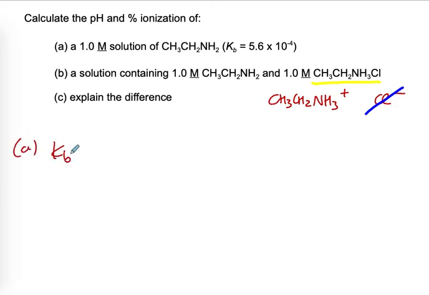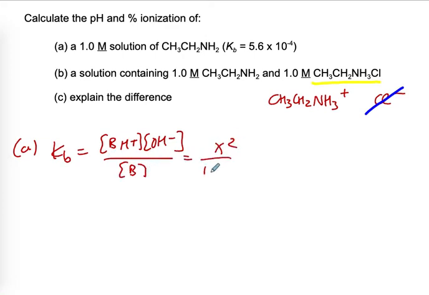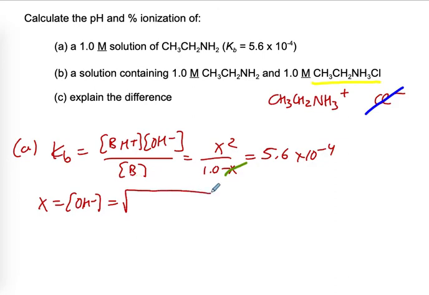I'm going to write Kb equals [BH+][OH-] over [B], which is x squared over 1.0 minus x, equals 5.6 times 10 to the negative fourth. I will again make the simplifying approximation. x is equal to the hydroxide ion concentration, which is equal to the square root of the product of the initial concentration of the amine times Kb, or 0.024 molar, as my hydroxide ion concentration.